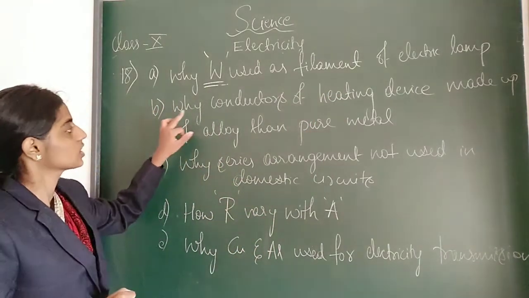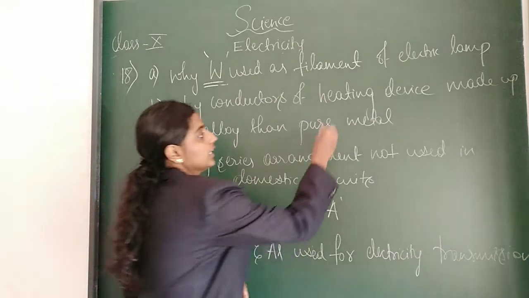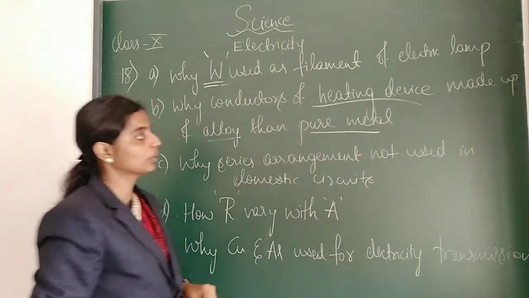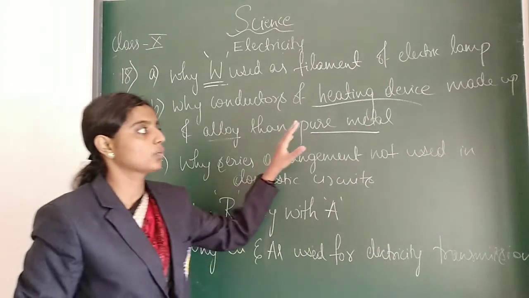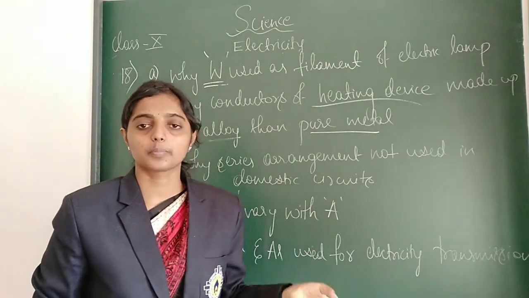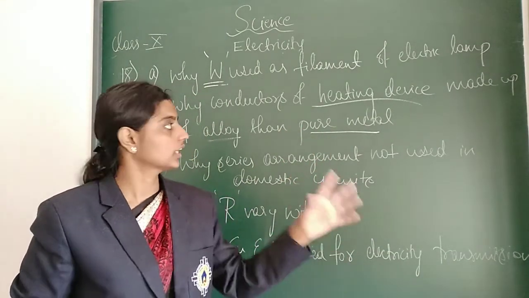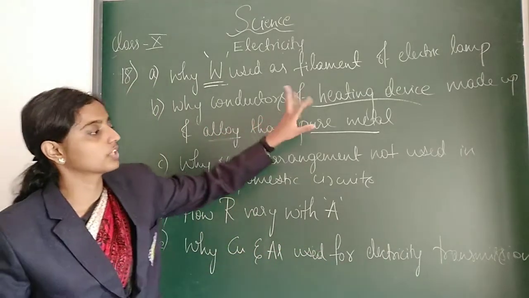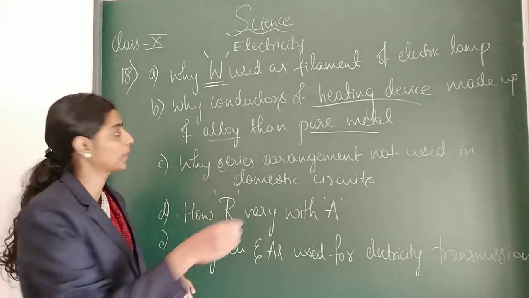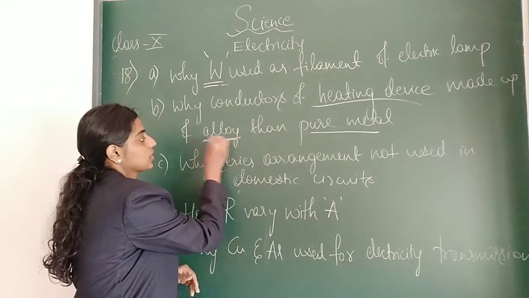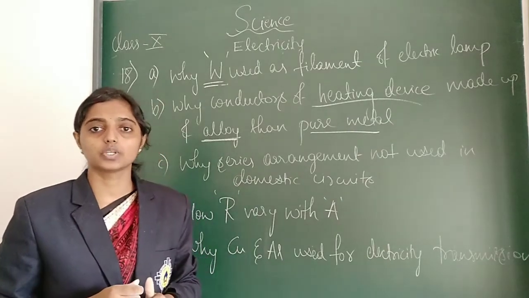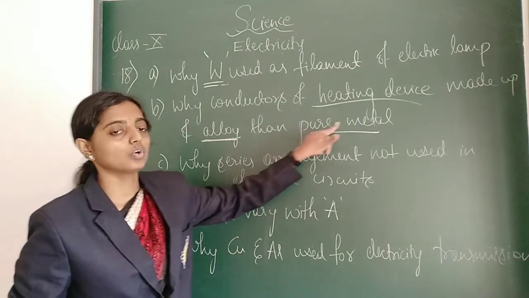And the next question is, why are conductors of heating devices made up of alloy rather than pure metal? Heating devices are nothing but like toaster, electric iron, all the electric devices. Usually the conductors of these heating devices are made up of alloy, because alloy has high resistivity than pure metal.